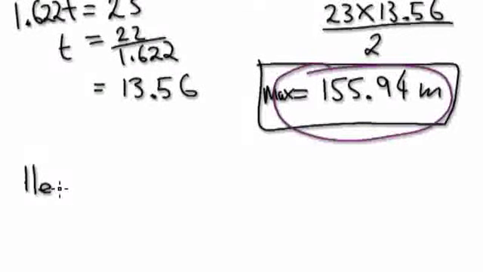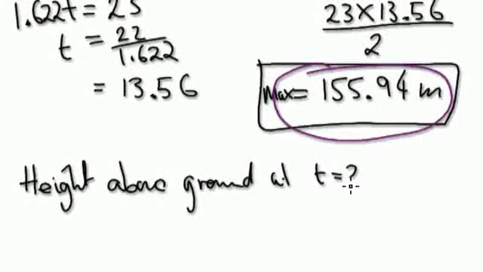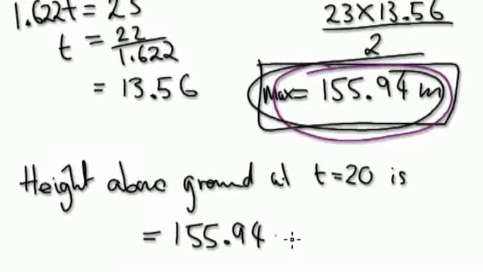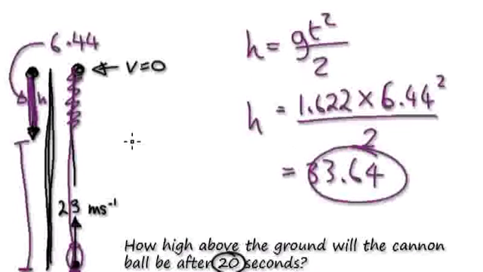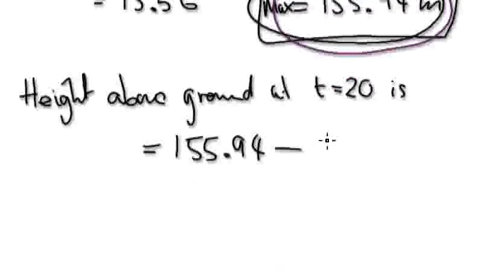Height above ground at t equals 20 is the maximum, 155.94, which is this here, take away the distance of the free fall, 33.64.